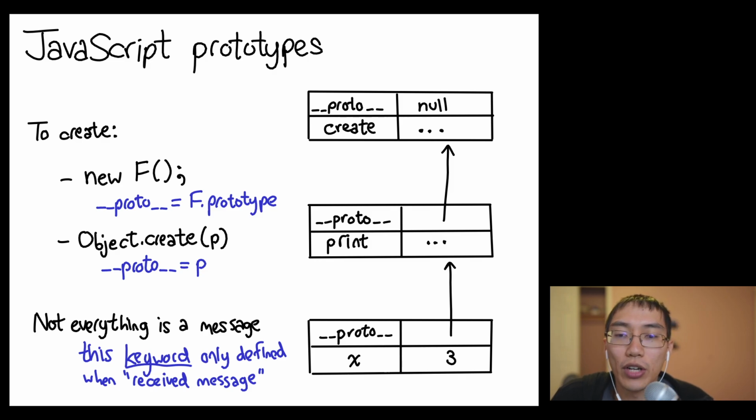This is kind of weird, and you probably don't use it that often, but it is possible to do. Unlike Self, in JavaScript not everything is a message. So for example, you can call functions, and it's a mix of imperative and object-oriented code. So the this keyword is only defined if you actually call the method on an object.